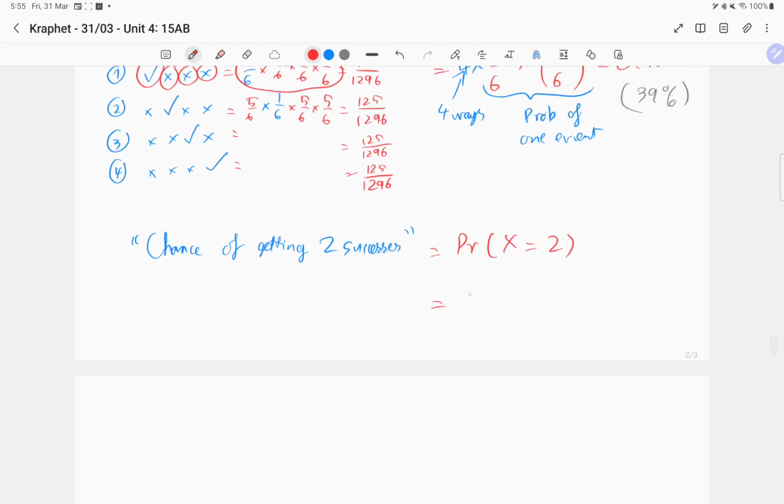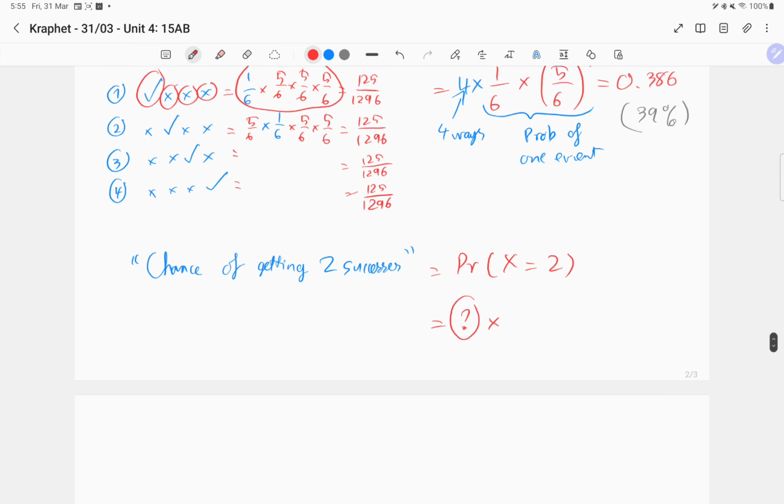So it will be however many ways, times the base probability of this event happening. 2 successes means there will be 2 of the 1/6 in the probability. And then you fail how many times? 2 times. So there will be 2 of the 5/6 in the probability. Does it make sense?